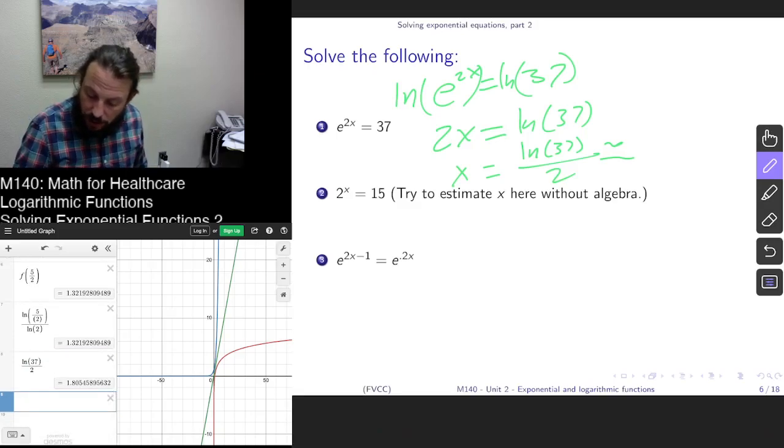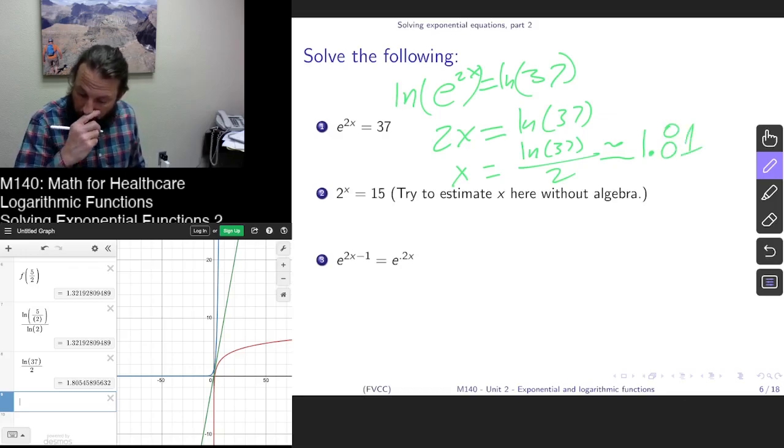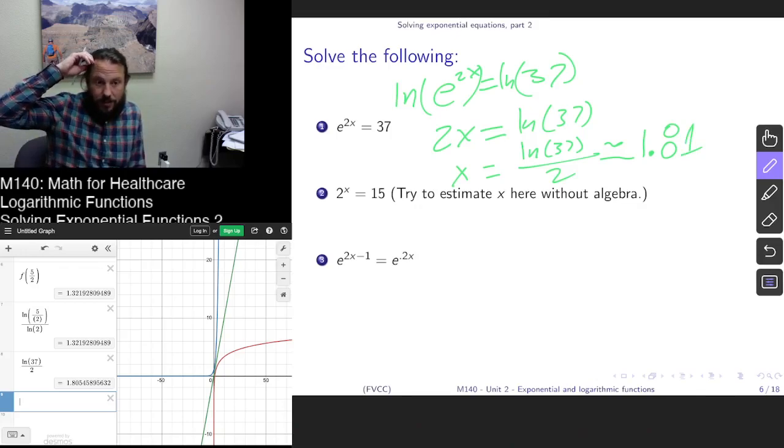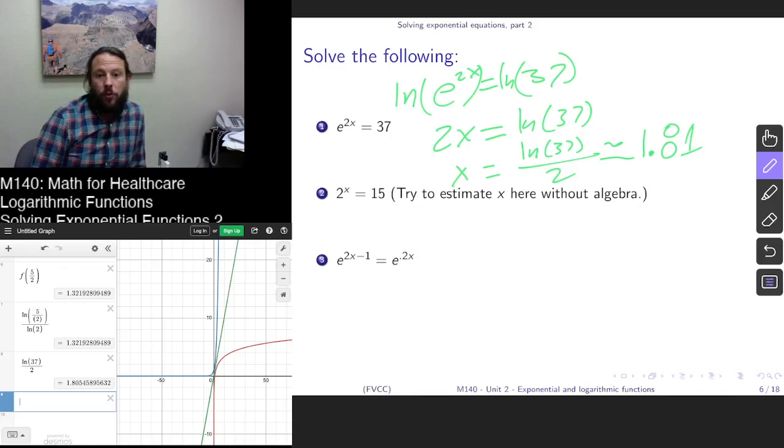And that's basically all we need to solve most exponential equations. Let's look at number 2 here. Try to estimate what x should be before using algebra and logs.